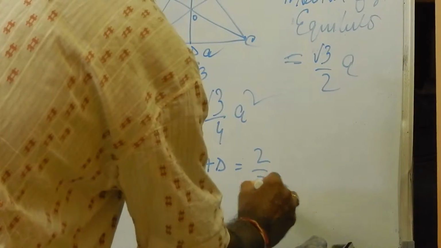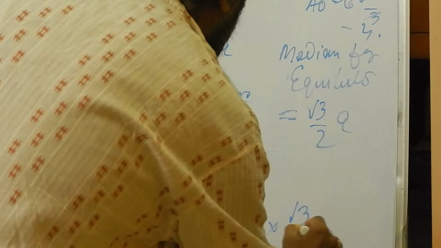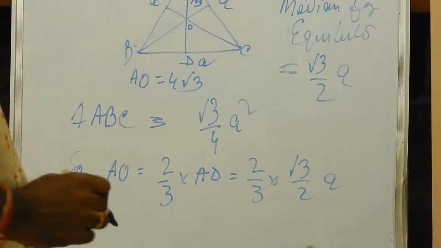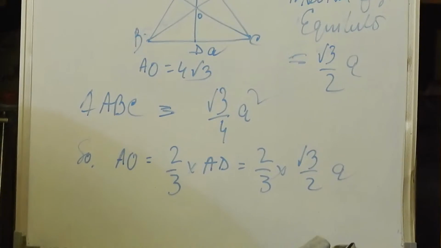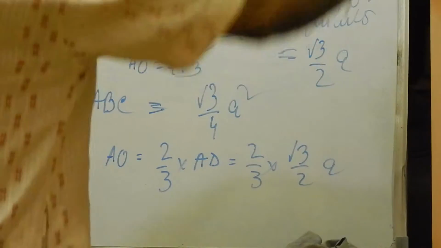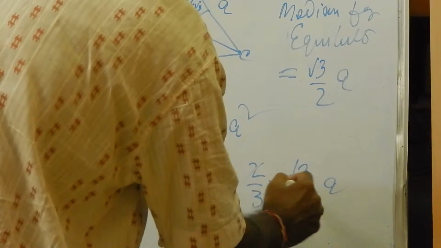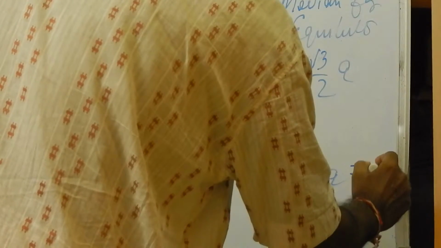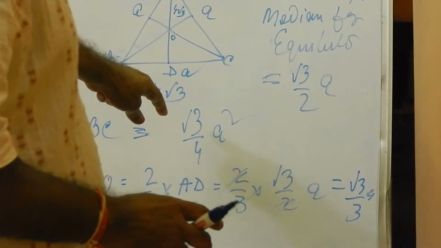Equal to 2/3 of the median's formula √3/2 A. AO equal to 2/3 into √3/2 A. So here it is √3/3 A.